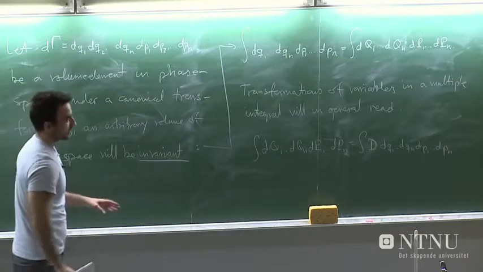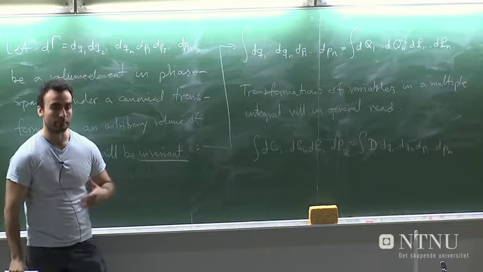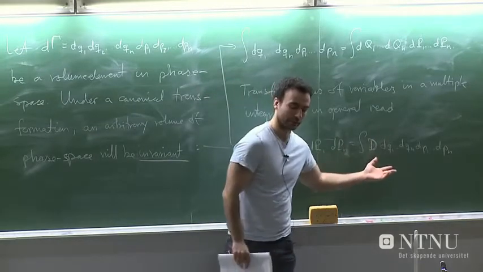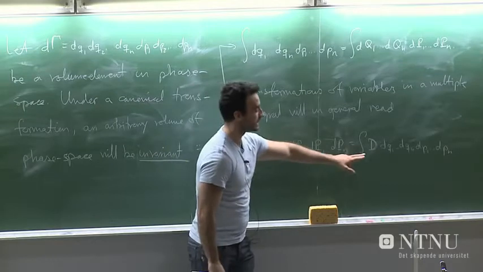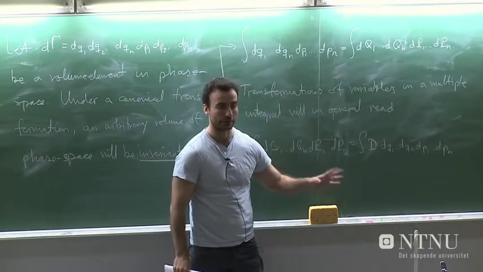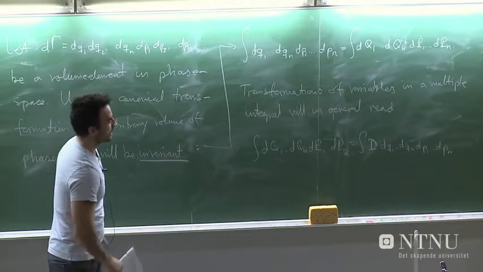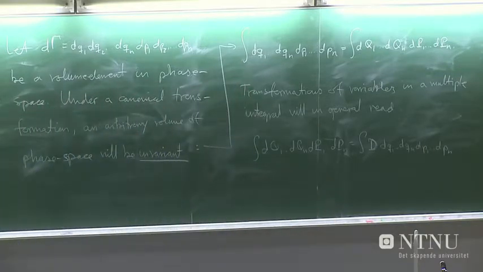Now, from calculus, we know that if you perform a transformation of the variables in a multiple integral, in general, the resulting equation looks like this, where D is the Jacobi determinant relating the old set and new set of variables. And the Jacobi determinant is very important to get the correct result.